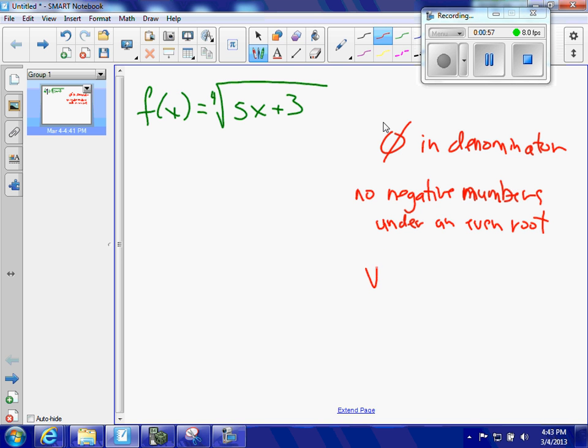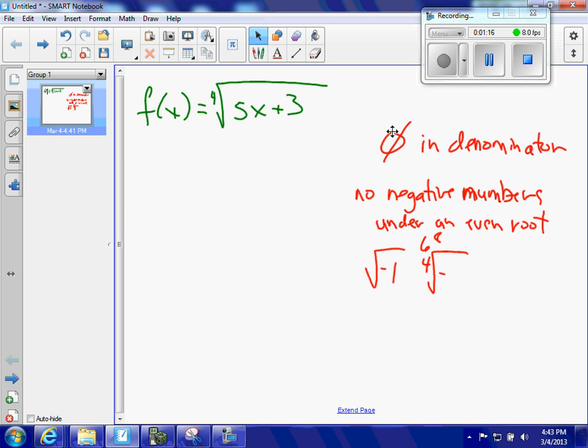So I cannot have -1 under a root. I cannot have any negative number under a root of 4, a root of 6, a root of 8. If I have a negative number under a radical sign, I'm taking an even root. It doesn't work. It's not a real number.